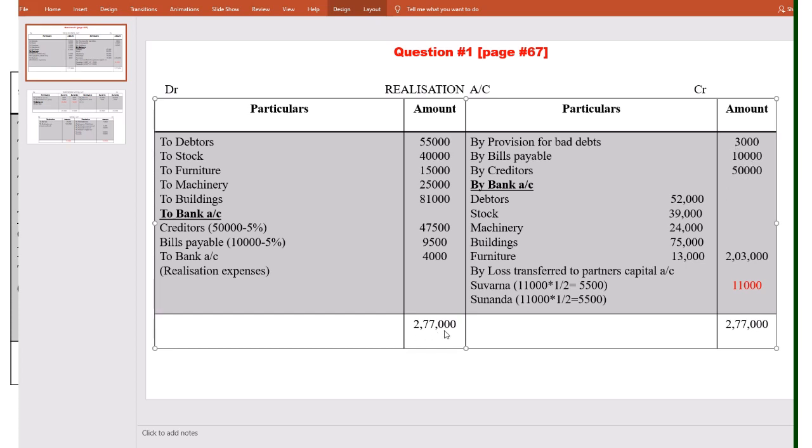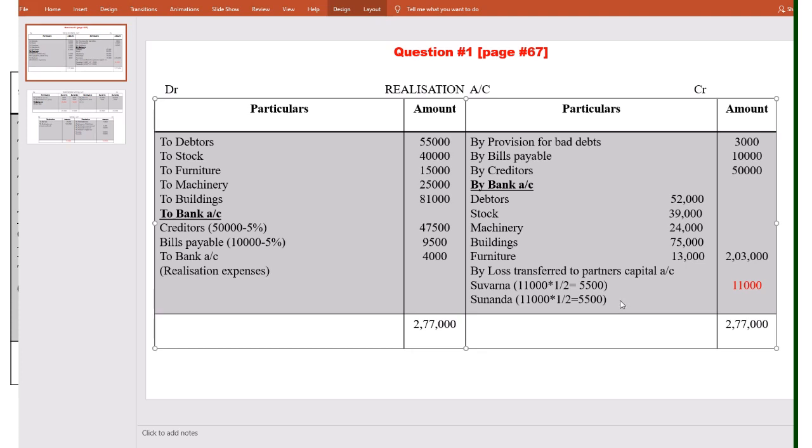From 2,77,000 minus all these four items, 2,66,000, you will get 11,000 as loss on realization account, which is transferred to partners capital account. As usual, the way you share profits and losses, in the same way you are going to share this loss of 11,000 equally. The ratio is equal, so you are going to share 5,500 for each partner. That is the loss on realization account.